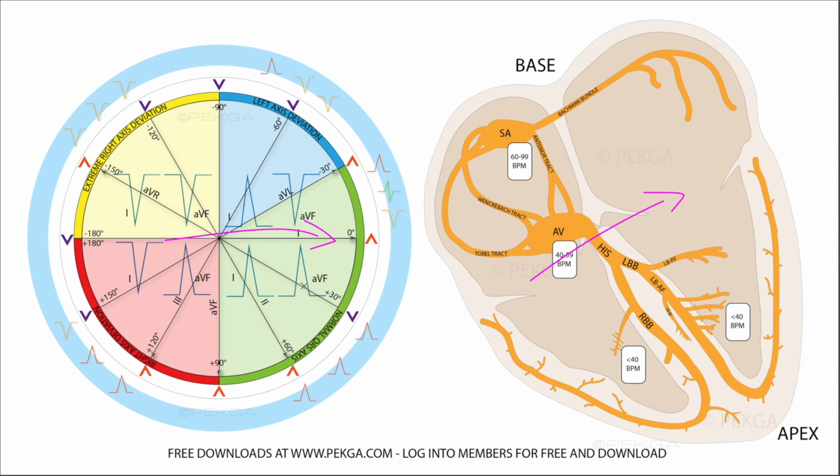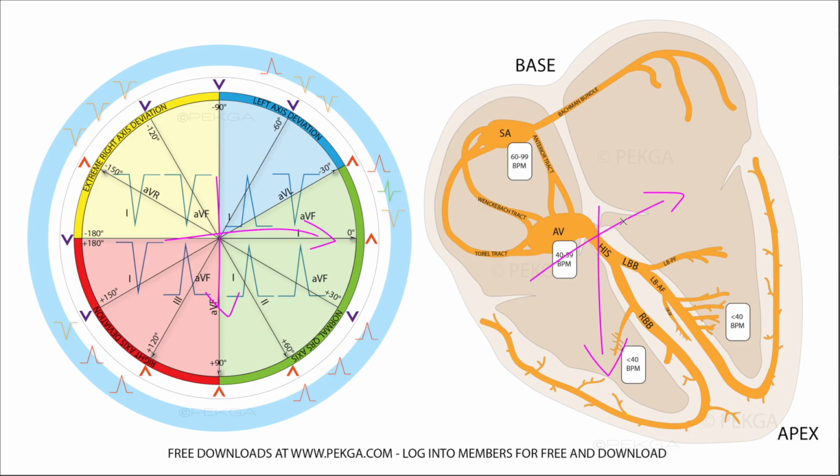If lead AVF is upright, it means that the signal is moving towards the positive end of the electrode, which is located towards the bottom. So it's moving towards the bottom, or on the heart, it's moving towards the apex. In fact, lead AVF really would be moving this way.